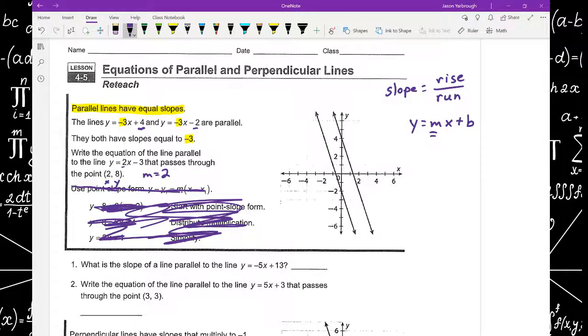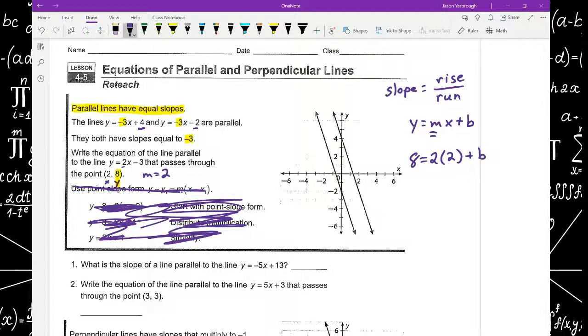So let's look at exactly how this works. y equals mx plus b. In this equation, we've got y being 8. So I'm going to put 8 equals m, which is 2, times x, which is 2, plus b. Now I've got three numbers and a variable.